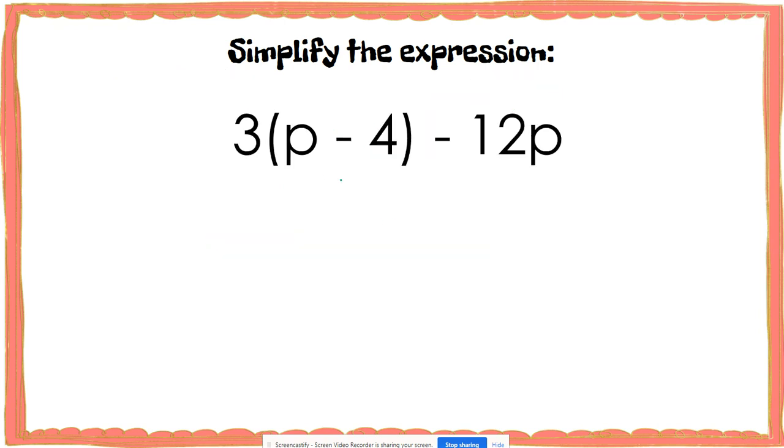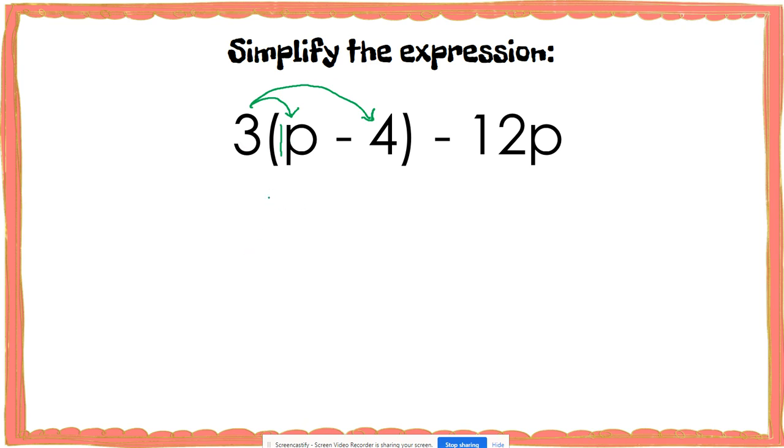Let's try 3 times p minus 4 minus 12p. Again, I can't start inside my parentheses because there's nothing that can be simplified here. Instead, I need to distribute my 3 to every term inside of my parentheses. This is going to be 3 times p, and again, there's an invisible 1 here.